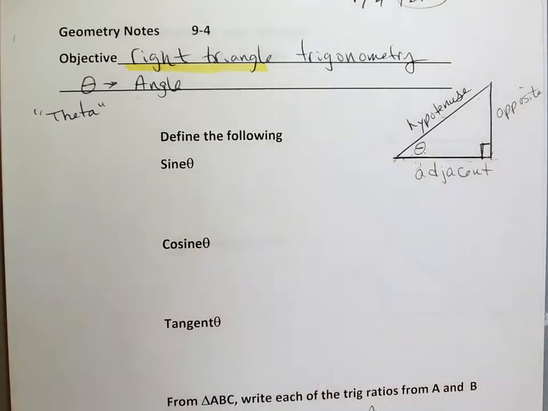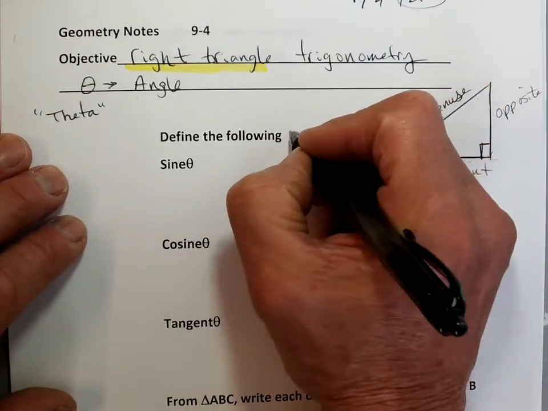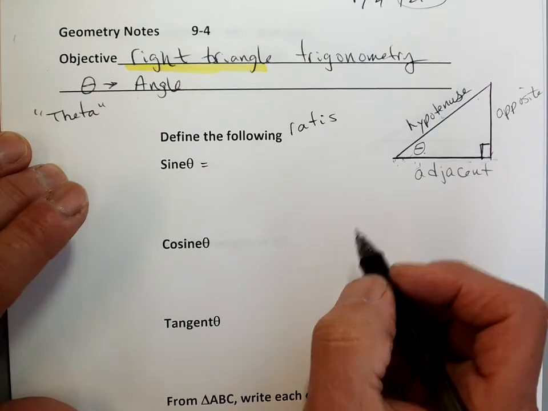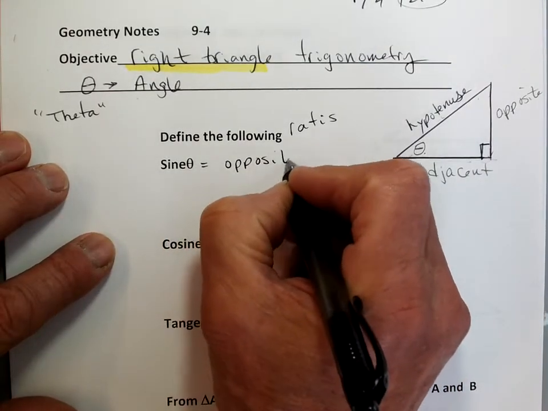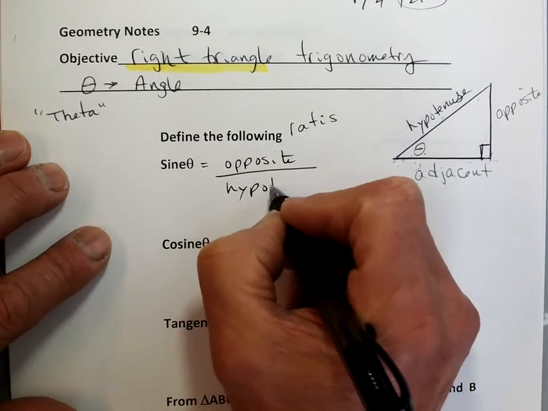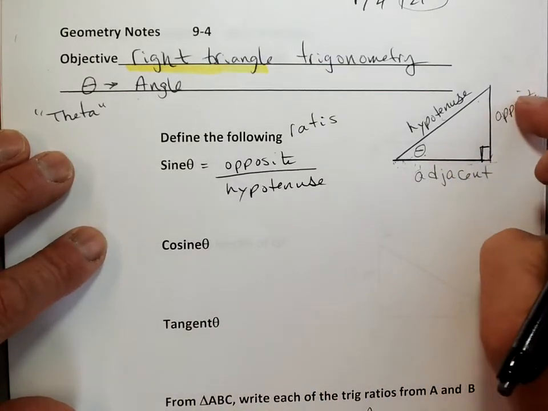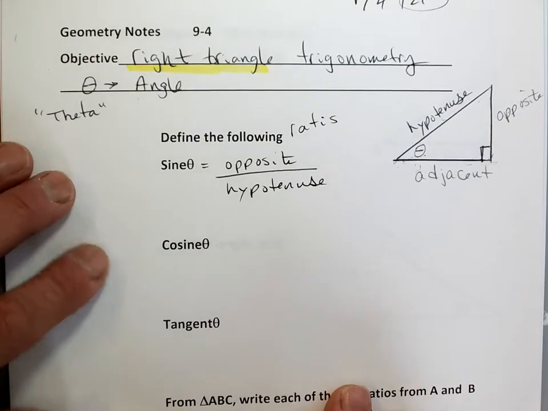Okay, so here's my ratios. The sine ratio: sine of theta is always equal to the opposite side over the hypotenuse. So it's always a ratio of this side over that side. And we're going to get some numbers to put the ratios together.